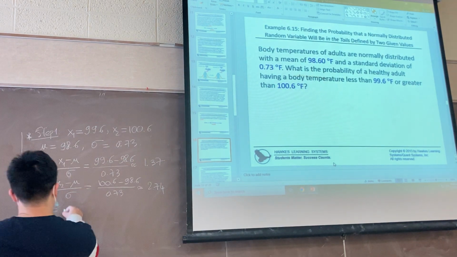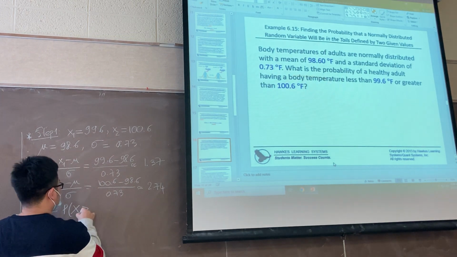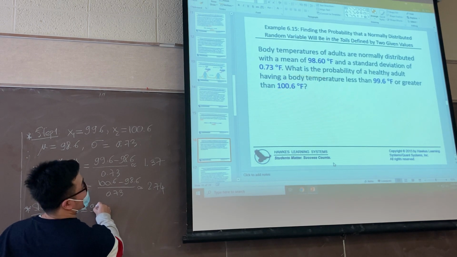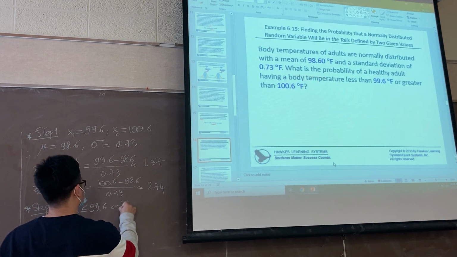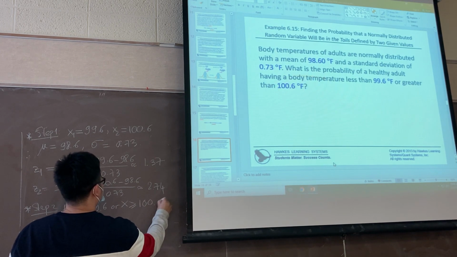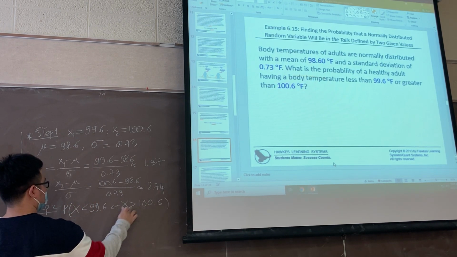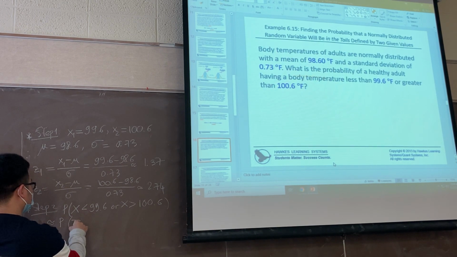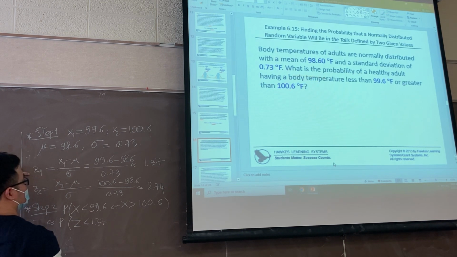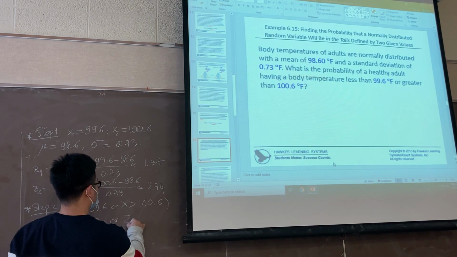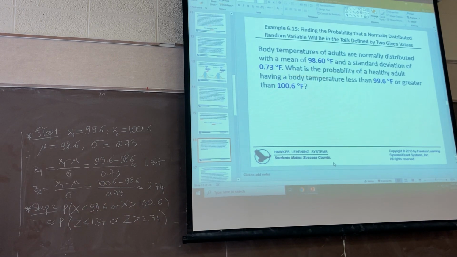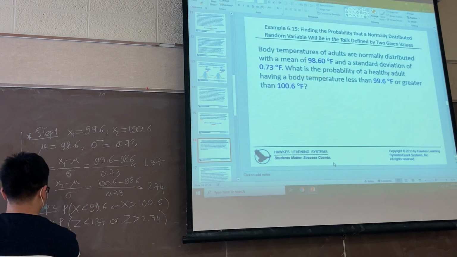We have x less than this value, or x greater than this value, so it's approximately equal to, because you change x to z, z less than this number, right? Or z greater than this number. Okay, so now you will draw the picture for this.